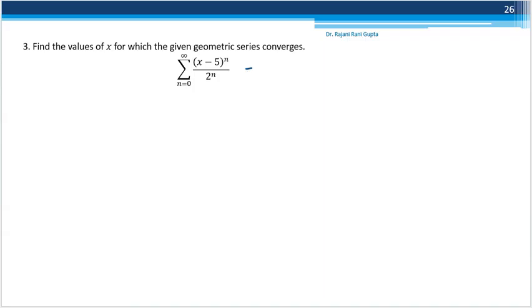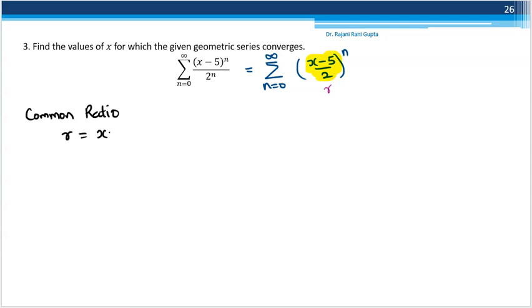Again, you can rewrite it as summation n from 0 to infinity, then (x minus 5 over 2), this whole power n, giving this as r. So our common ratio r is (x minus 5) over 2.